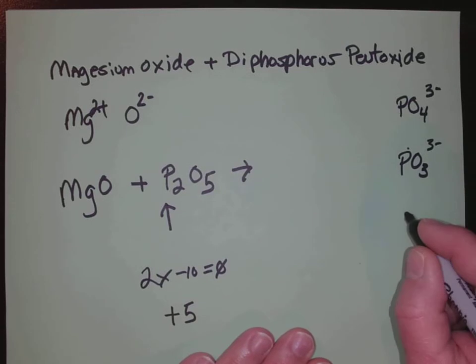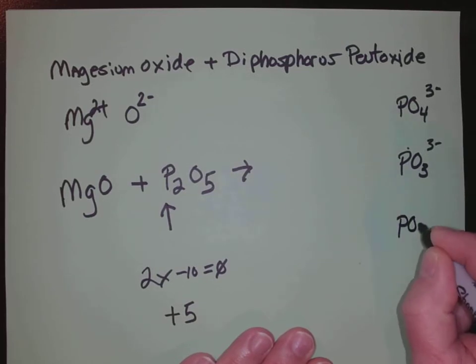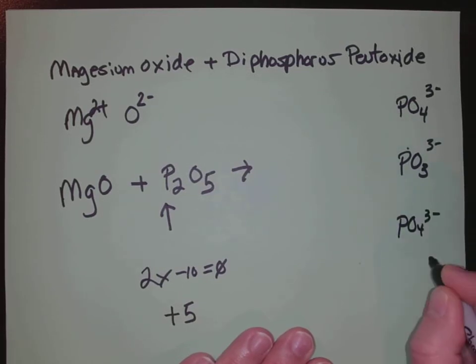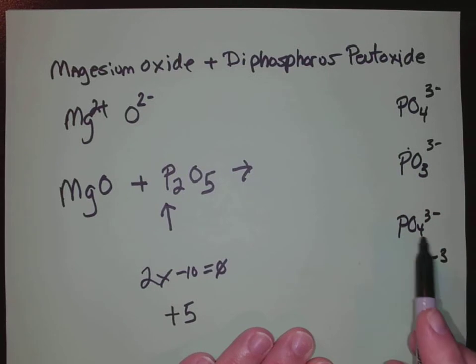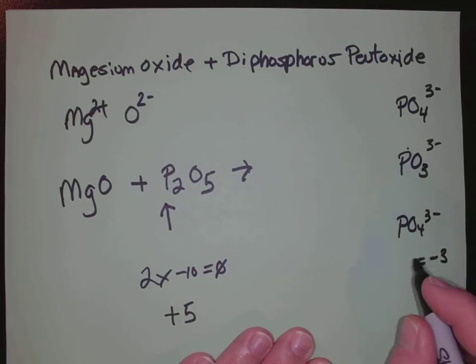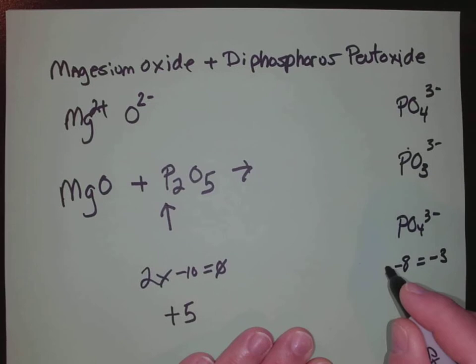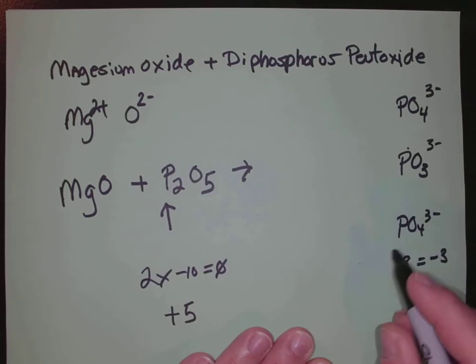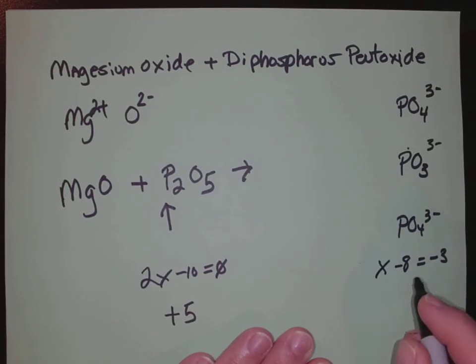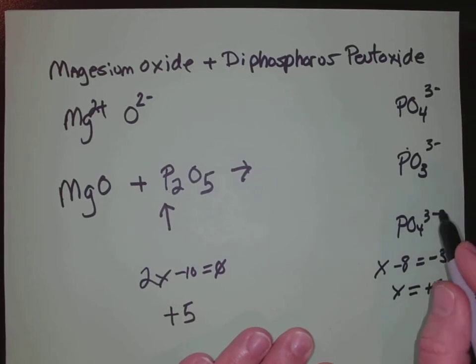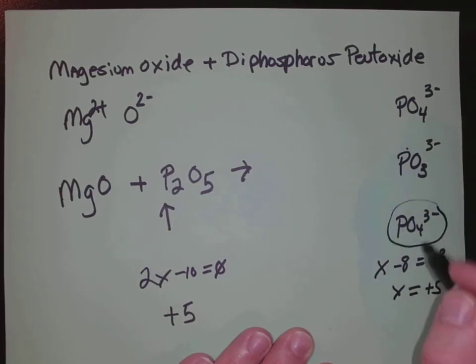So let's do phosphate first. So PO4 3-, again, this has to equal -3. 4 times -2 is a -8. All right, phosphorus is one of them there, so we'll call that X. And if we add +8 to both sides, you get X equal +5. So that's telling you that it's phosphate.